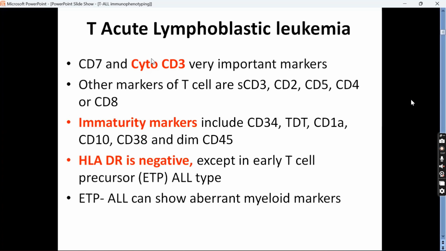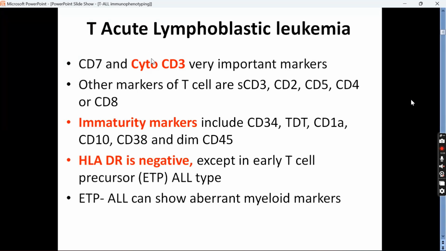Getting my point? The points I'm saying are very important, so note down: CD7 is invariably positive in all T-ALLs. I have not seen a case. CD7 negative T-ALL is very rare. Similarly, cyto-CD3 negative T-ALL is rare, and some cases of ETP-ALL can show dim cyto-CD3 expression or very rarely negative.